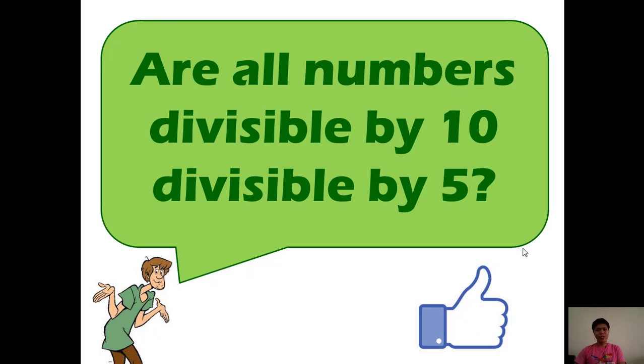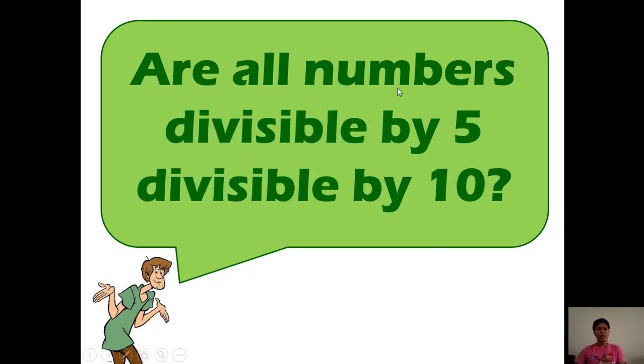Let's have the next logic question. Are all numbers divisible by 5 divisible also by 10? So this time it is in the reverse order. Okay, not all numbers divisible by 5 are divisible also by 10. For example, 25 is divisible by 5 but not divisible by 10. 30 is divisible by 5 and divisible also by 10.